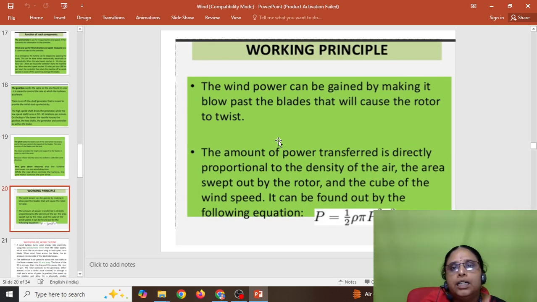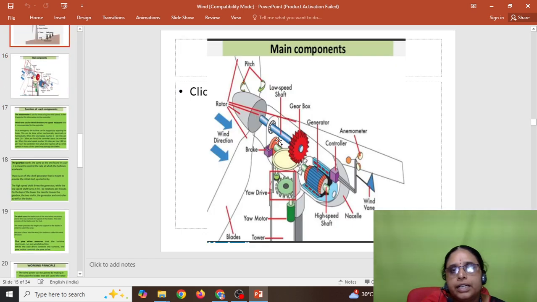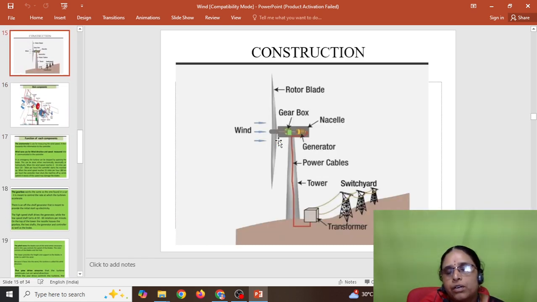So the working principle of the wind energy conversion system is that the kinetic energy of air is converted into electrical energy. If we see the diagram, when wind hits the rotor blade, the wind turbine will rotate. That speed is geared up by using the gearbox, which is given to the generator.